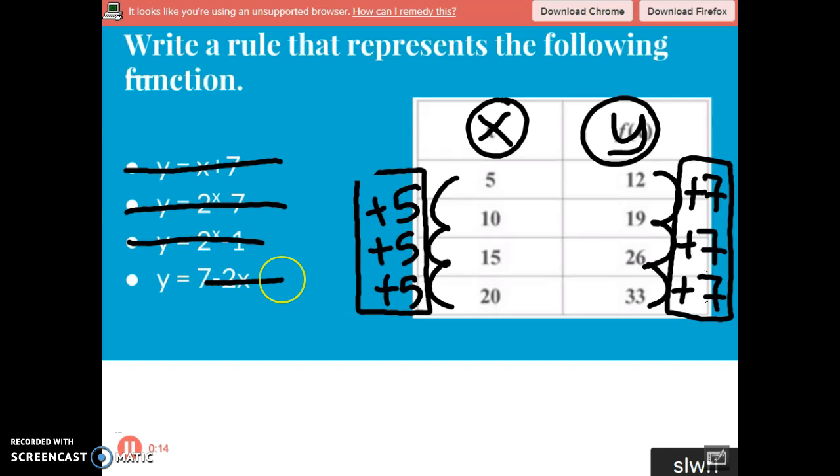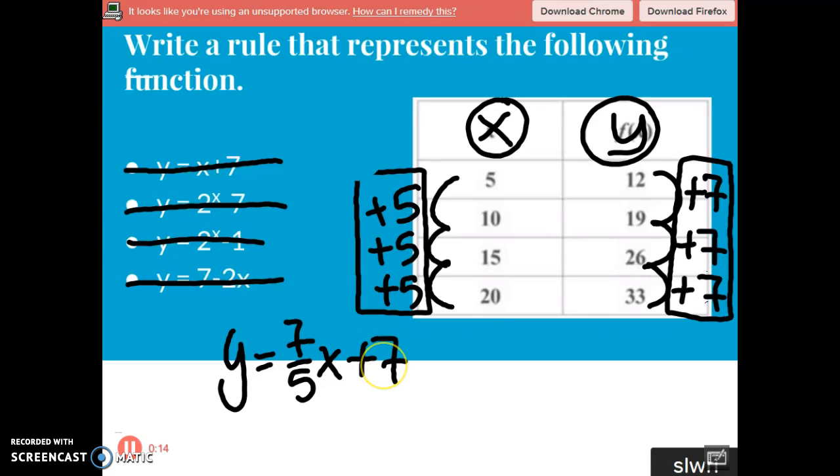So that eliminates all of these, especially the exponential functions. Our correct answer is 7 over 5x plus 5. How did I get the plus 5? Well, if I took this up, if I went back one more, I would get 0 here and 5 here.